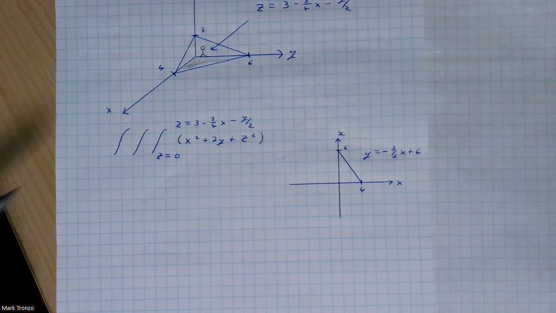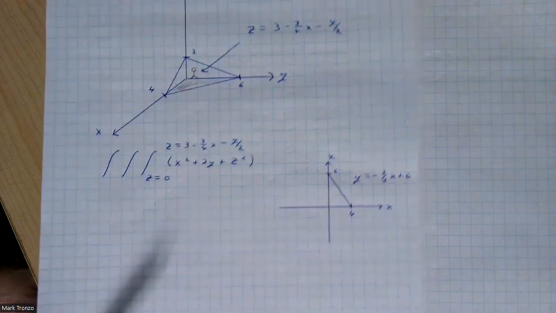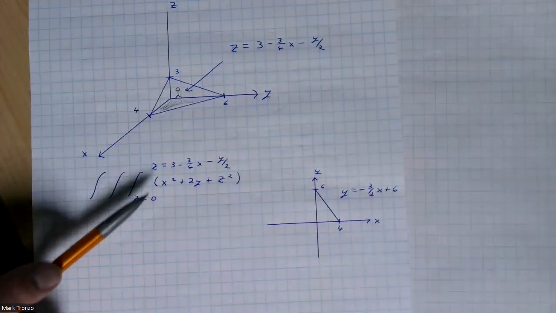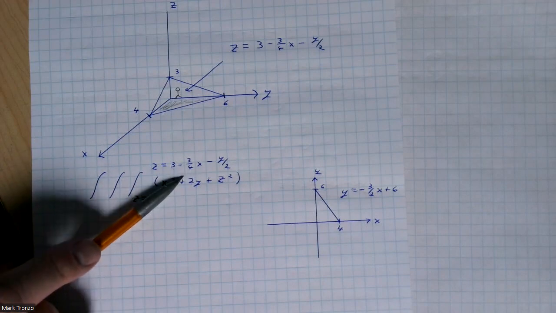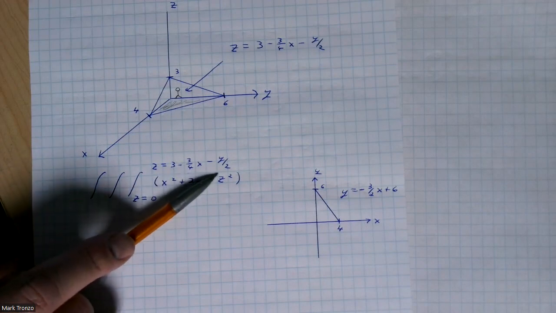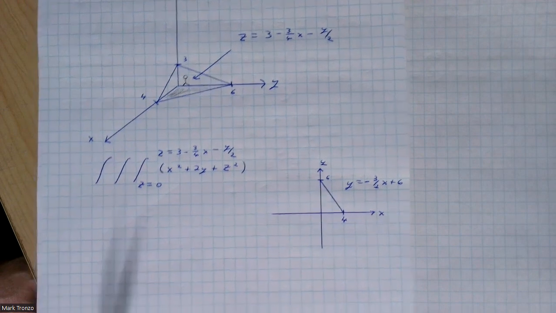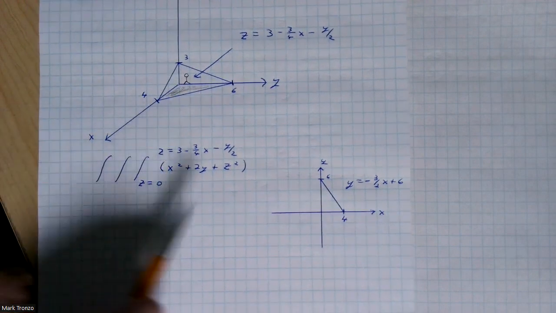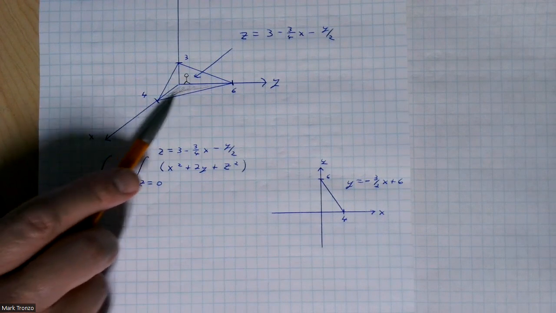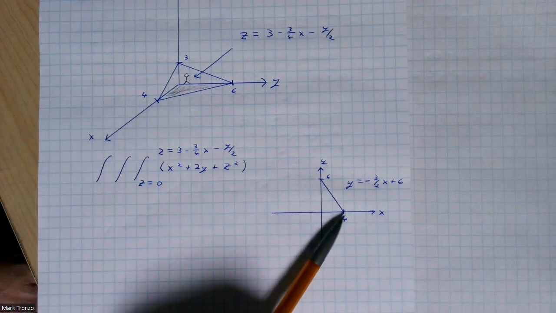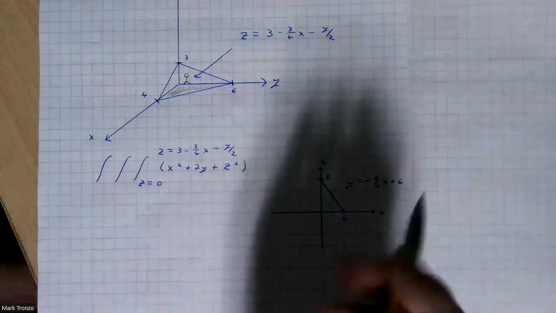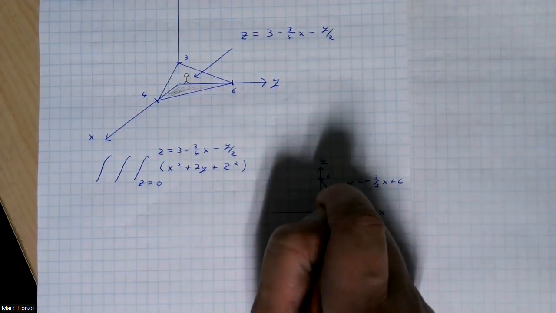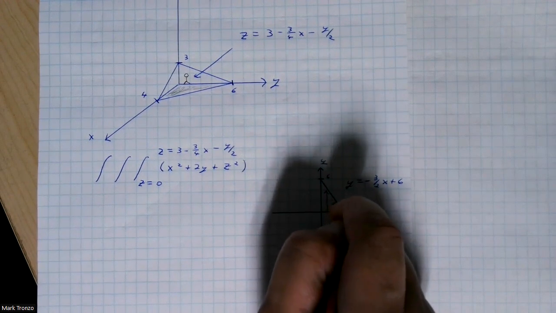So again, we did our first bound with z. We went from z equals 0 up to the roof here, z equals 3 minus 3/4 x minus 2. Then we focus on the xy plane and this region down here. And now, once again, if you do the y direction first, put arrows in the positive y direction.